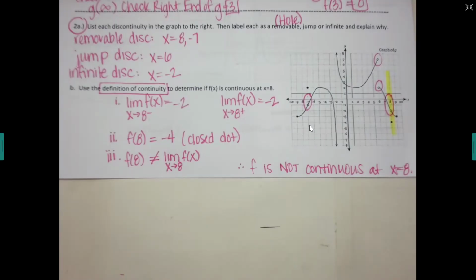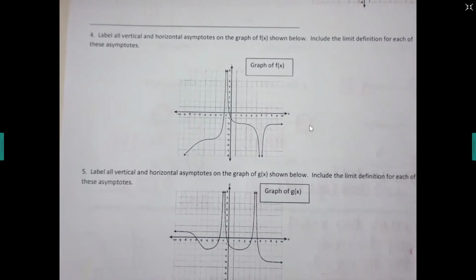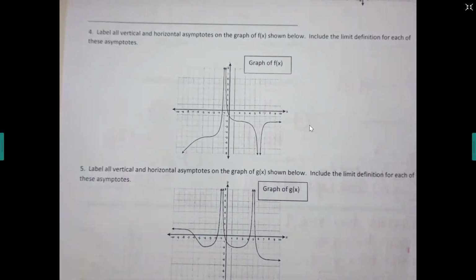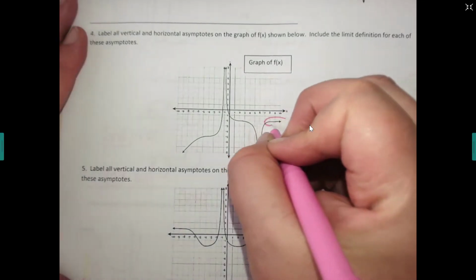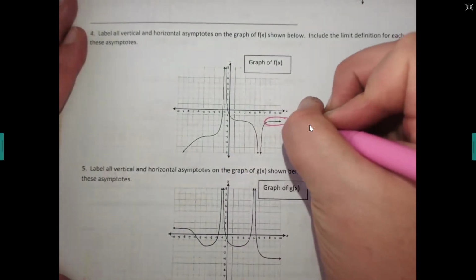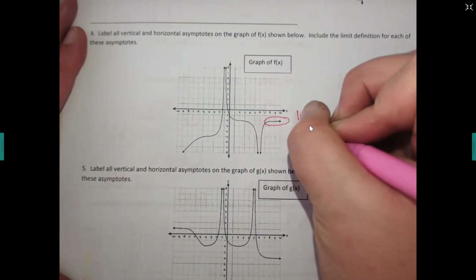Will you label on that graph any vertical, horizontal, or end behavior? When you do this for your quiz, you have to make them limit statements. So, for example, if I wanted to do this right side, what would I put x approaching in my limit?